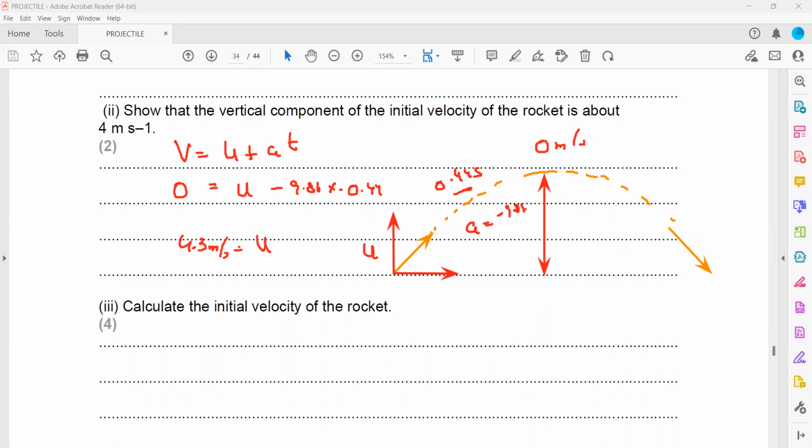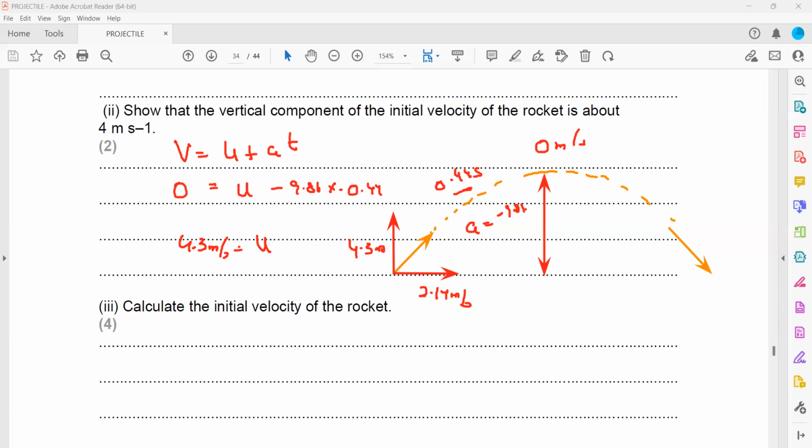So we calculated the vertical component, that is 4.3, and the horizontal component was 2.14 meters per second, which we calculated in the previous part. Then calculate the initial velocity of the rocket. Now you have the horizontal and vertical components, so you can use the Pythagoras theorem to work out the initial velocity, because that is what we need.